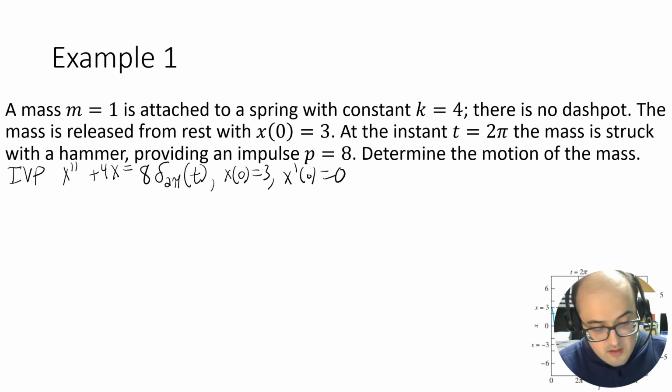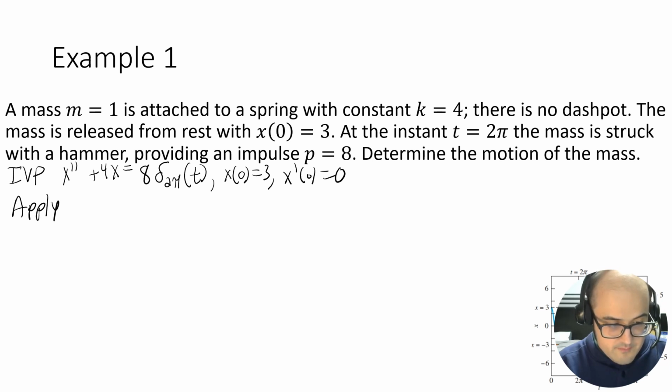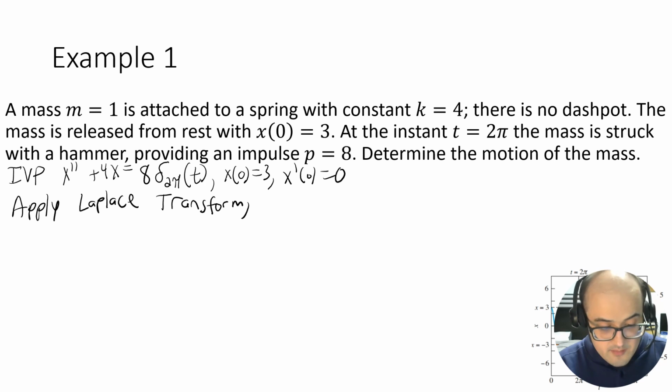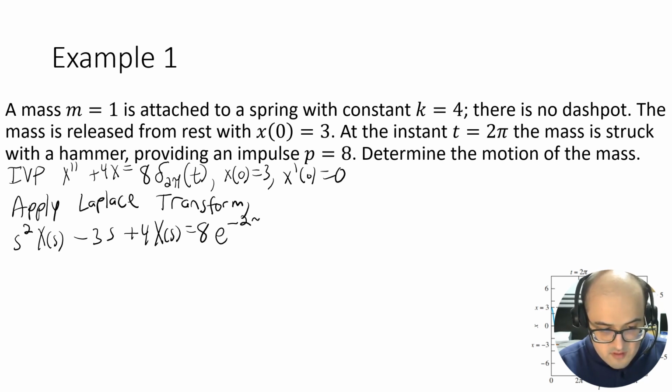Okay, so if we apply the Laplace transform, we would get s squared times capital X of s minus 3s plus 4 times capital X of s equal to 8 times e to the negative 2 pi s.